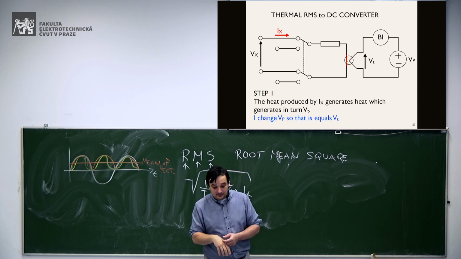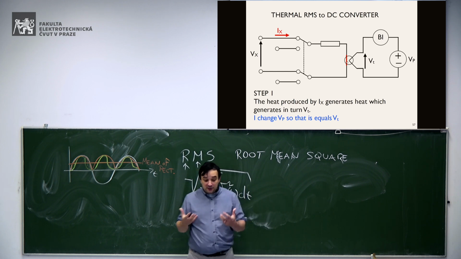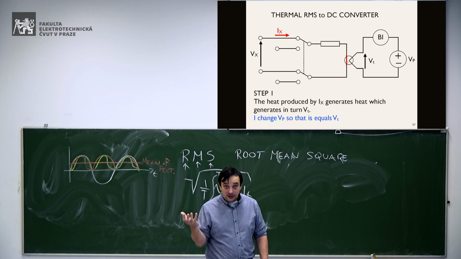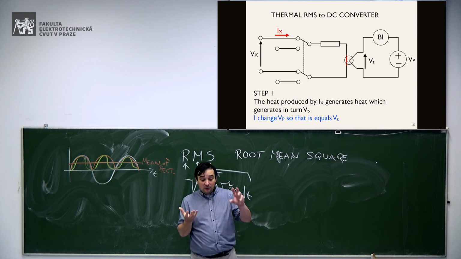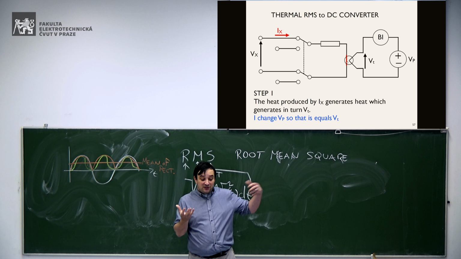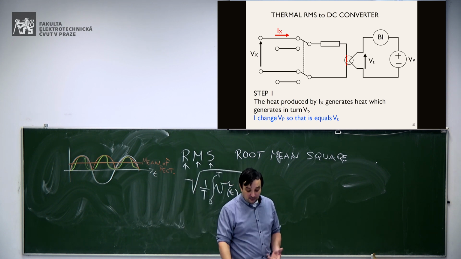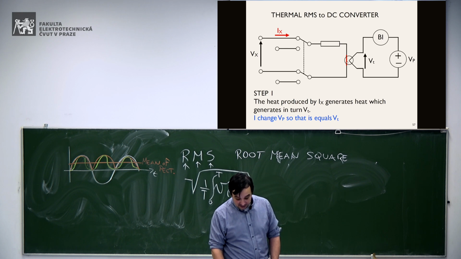Okay? So, in this first step, I memorize on the generator Vp the value of the voltage Vt, which is the result of the heat produced by Ix, our unknown resistance.